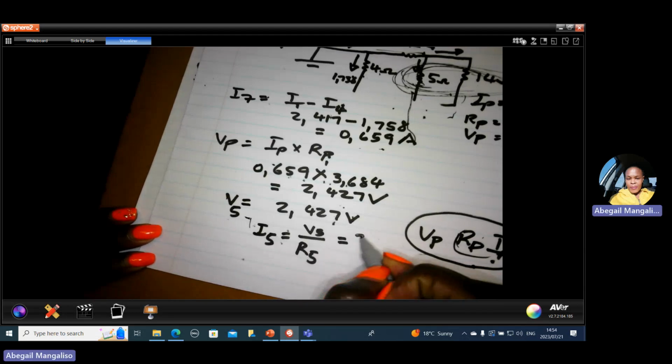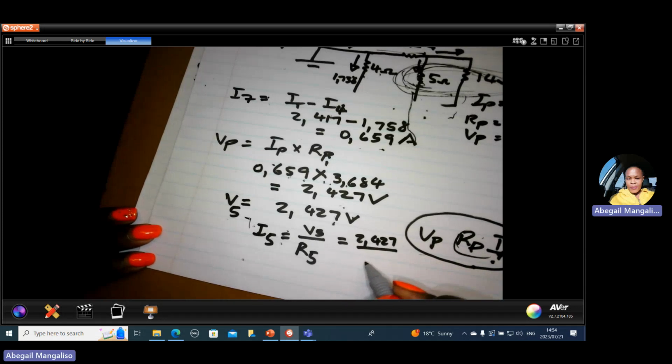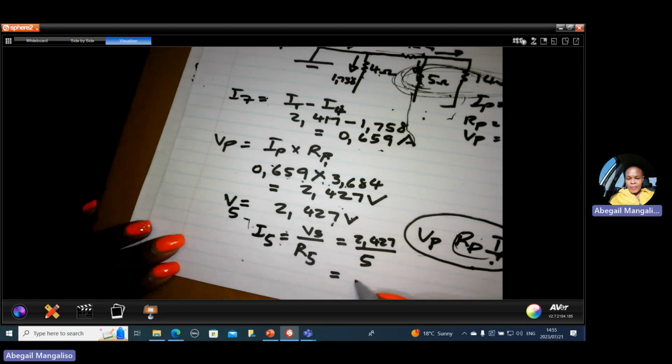V5 is 2.427 divided by R5, which is 5. Then you use your calculator to get the answer. You divide it by 5. It's 0.486, 0.486 amps.